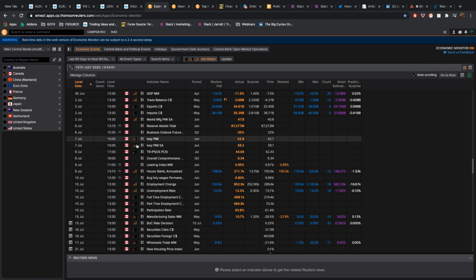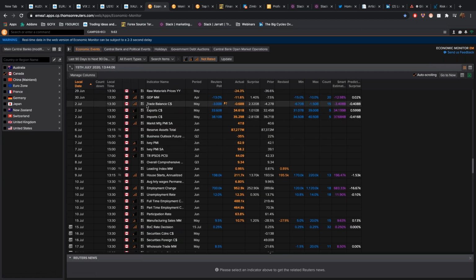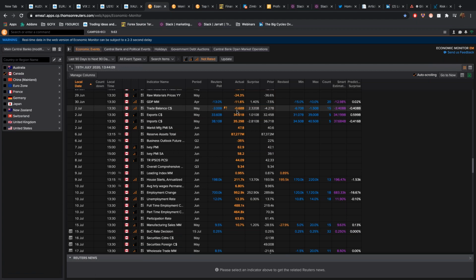We saw the PMIs both above 50, indicating expansion for Canada. We also had trade balance, which came in nicely at minus 0.68 billion, which was not as bad as the 3 billion expected, and better than the maximum expectations of a deficit of minus 1.5 billion.